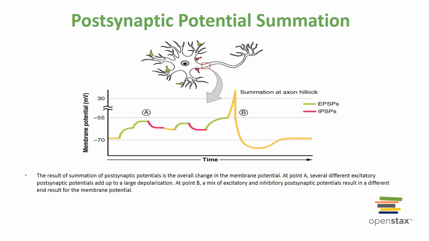Inhibitory postsynaptic potentials, or IPSPs. And these potentials can sum together, as shown at point B, where a mix of excitatory and inhibitory postsynaptic potentials can result in an action potential at the axon hillock.